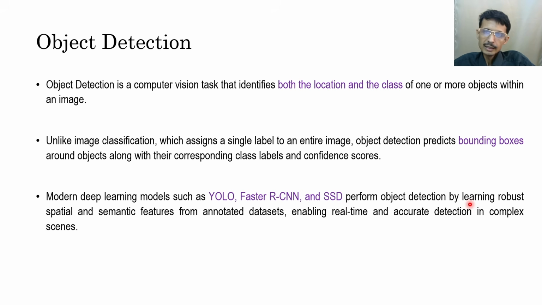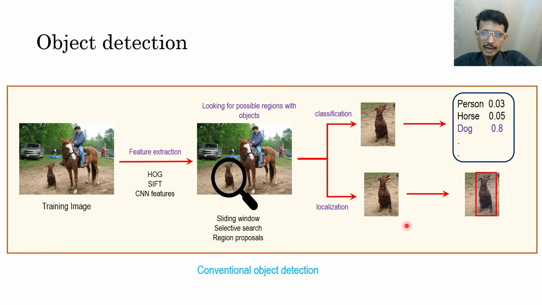We basically learn these by learning robust spatial and semantic features from annotated datasets, and it then enables real-time and accurate detection in complex scenes. As already discussed, the output of object detection is twofold: one is the classification score and the other is the localization. This is the bounding box, which gives the coordinates.